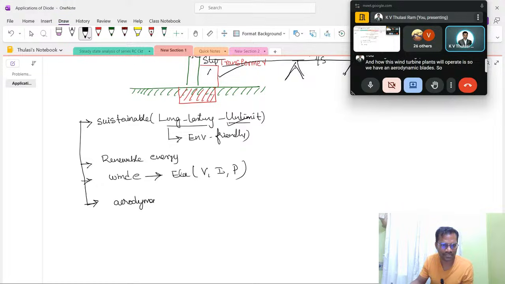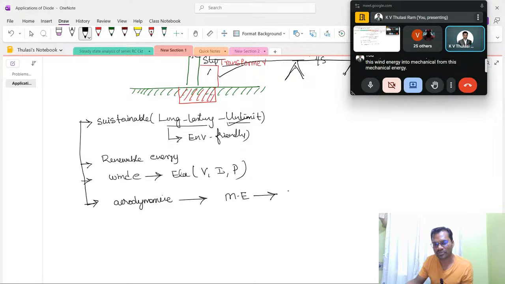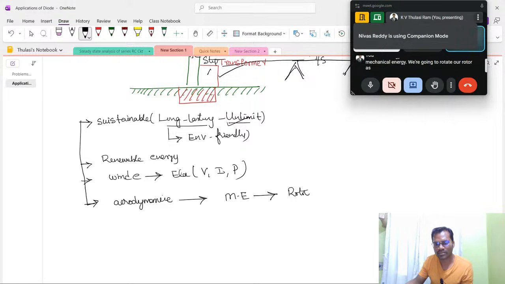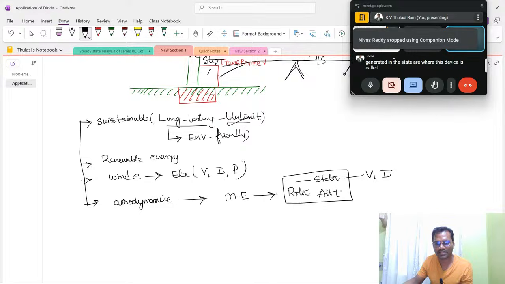By using these aerodynamic blades we convert wind energy into mechanical energy, and from this mechanical energy we rotate our rotor. As soon as our rotor rotates, as per Faraday's laws of electromagnetic induction, an EMF is generated in the stator, where this device is called an alternator, also called an AC generator.